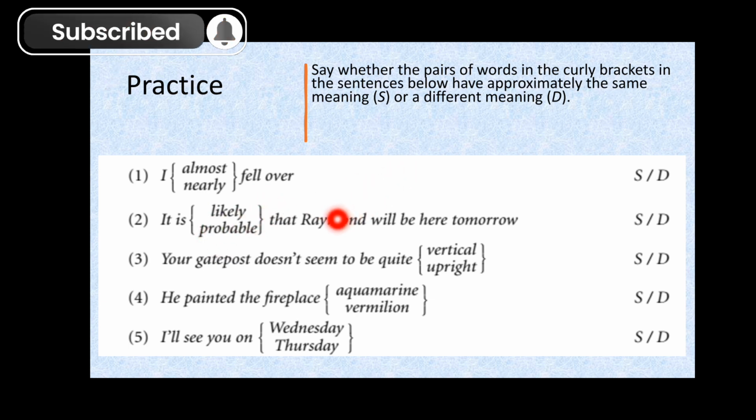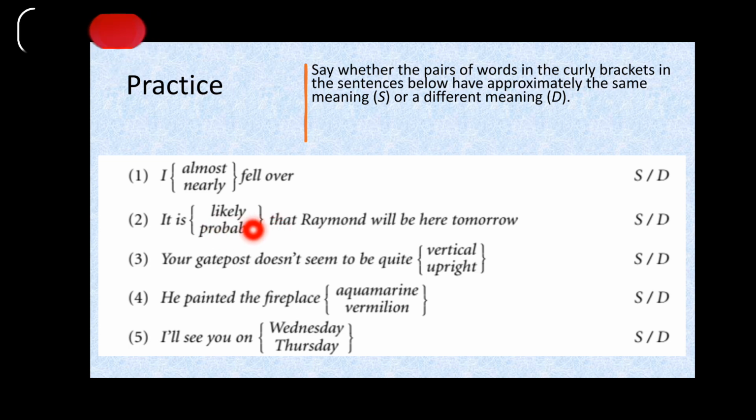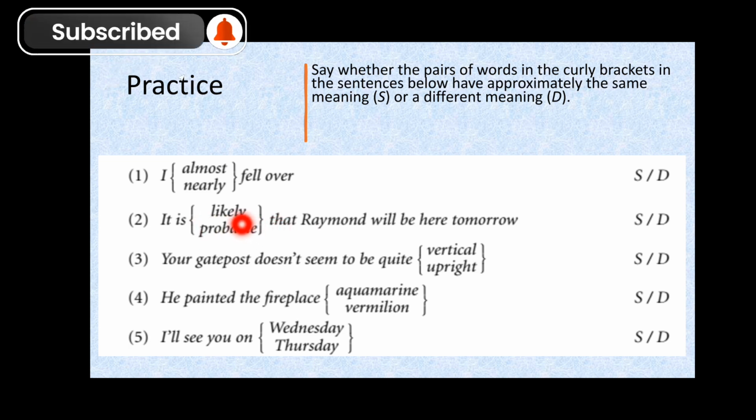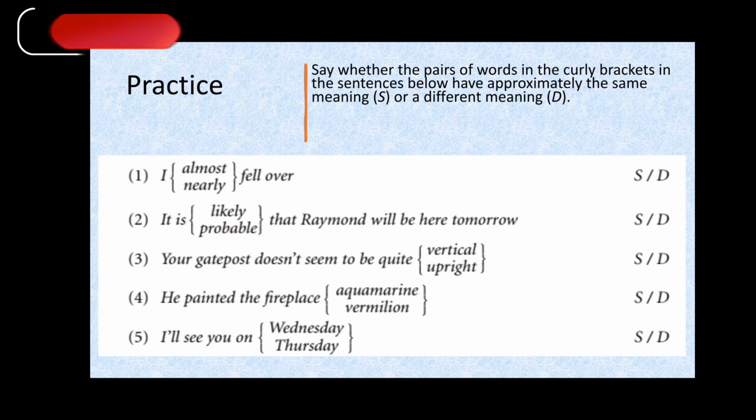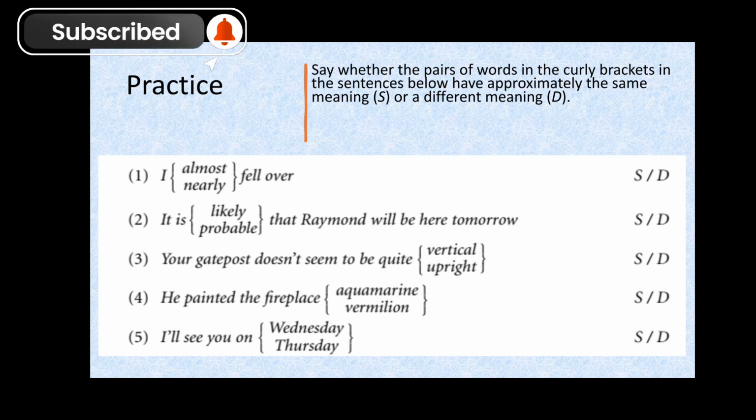So if somebody asks you what is meant by the word likely, you can tell them that it means probable. So probable and likely have approximately the same meaning, not exactly the same meaning, but approximately the same meaning.